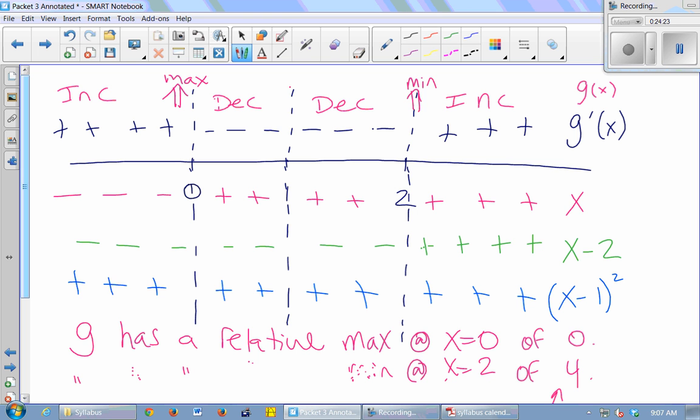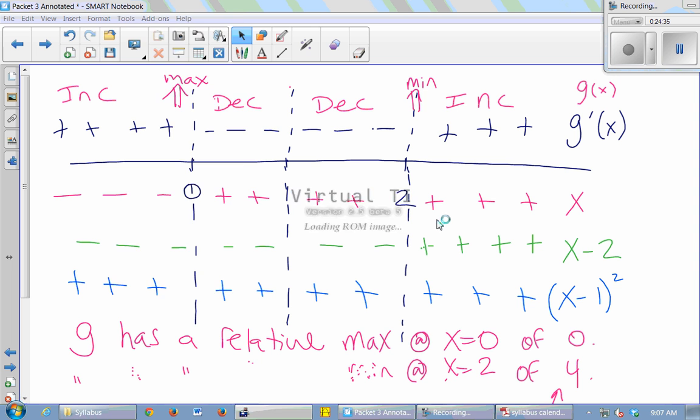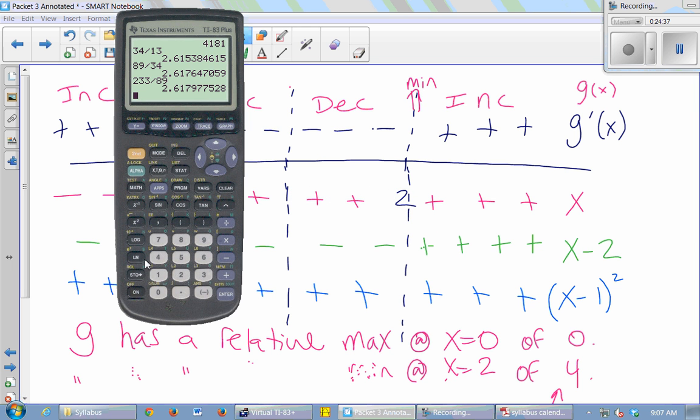Yeah. Let's look at its graph. Let's verify that we actually have found relative maxes and mins. All right, so it was x squared divided by x minus 1.